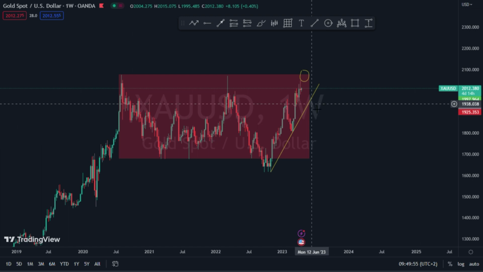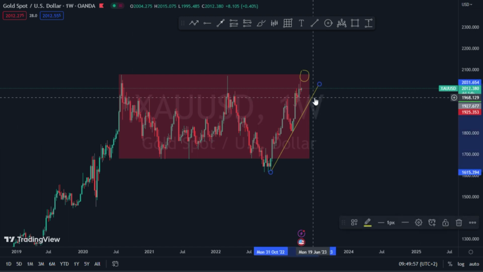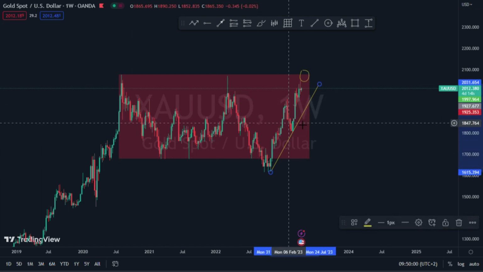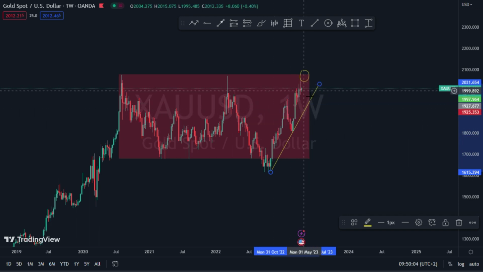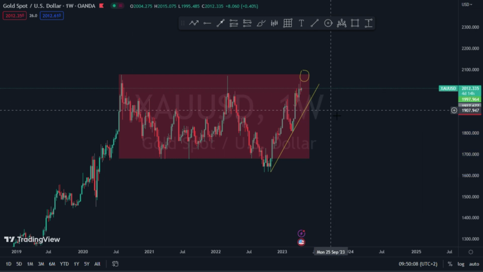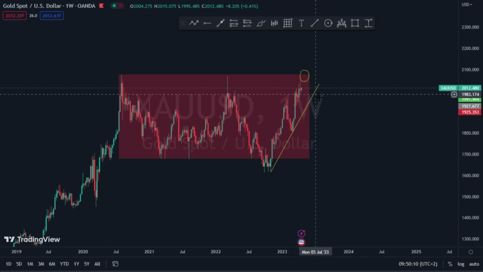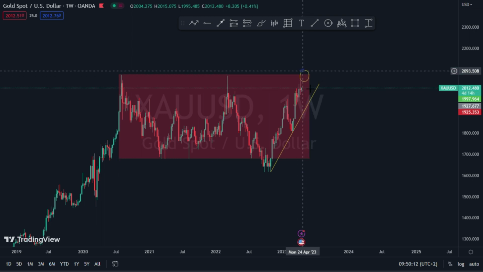I use this trend as a guide, because we don't really have a proper structure that we can use to predict that gold is gonna move to the downside. If gold is to move to the downside, I'm just gonna wait to see what's gonna happen around these areas right here.